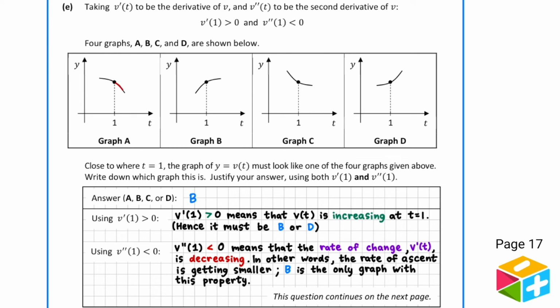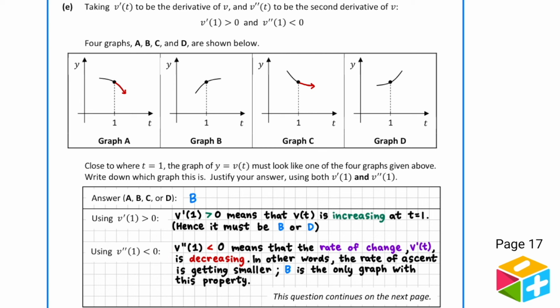Since graphs A and C are decreasing at t equal to 1, we can rule these out. The second derivative, V double dashed, represents the rate of change of V dashed. Since V double dashed of 1 is less than 0, this means that the rate of change, V dashed of t, is decreasing.